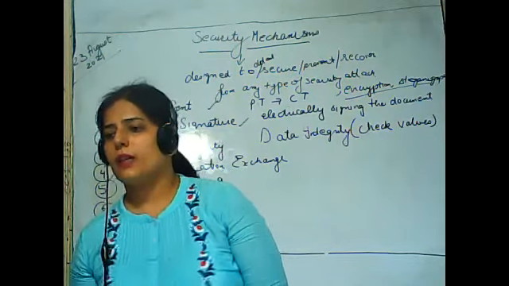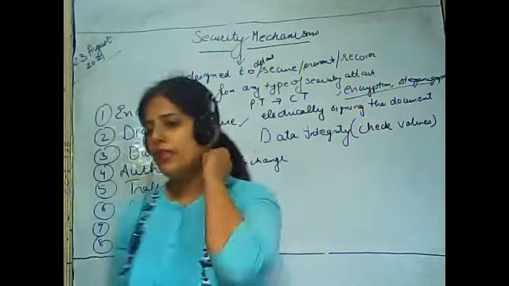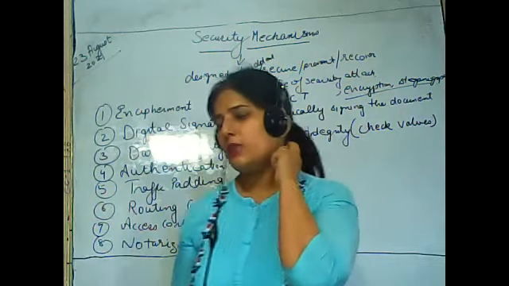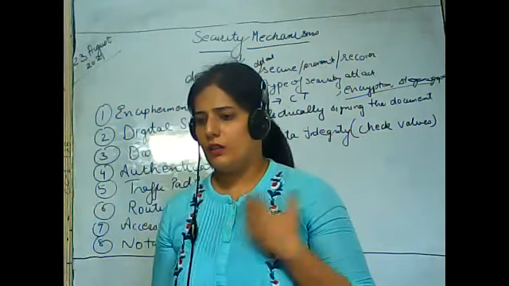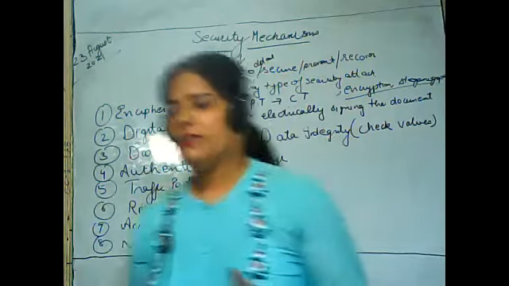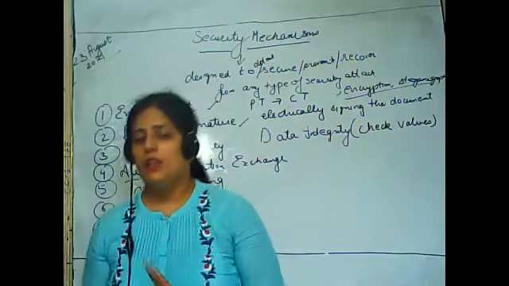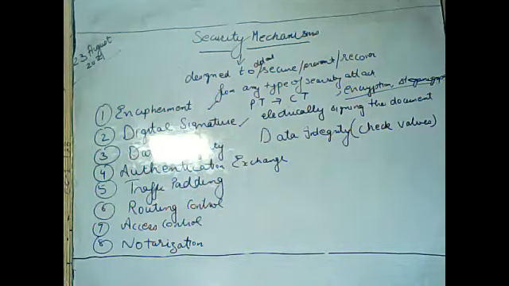So this is the main meaning of data integrity: we just need to check that the content we send to the receiver end has not been altered anywhere in the meantime. That is the check value.